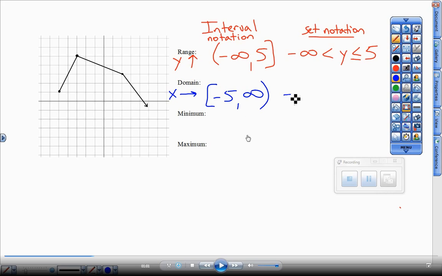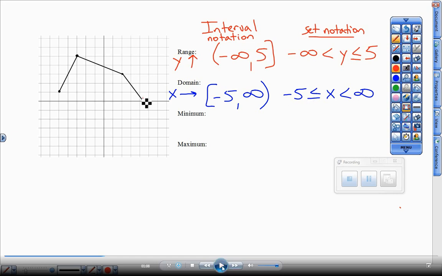Even though it's going down, it's going to the right. So from negative 5 to positive infinity, set notation would be negative 5 less than or equal to x less than infinity. Notice the infinity gets the less than sign, not less than or equal to. The square brackets ones get the less than or equal to sign.